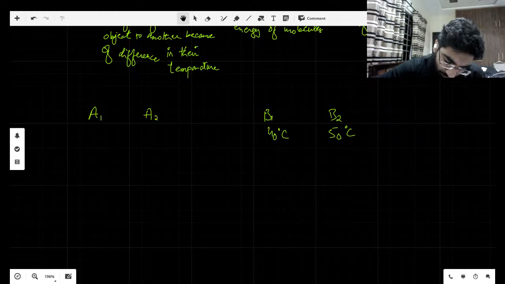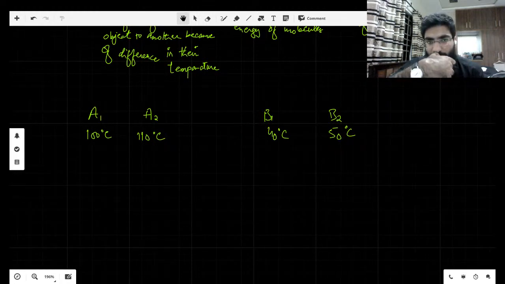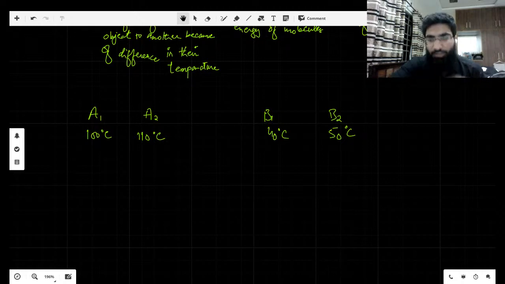A1 has got 100 degrees centigrade of temperature, and A2 has got 110 degrees centigrade. In which case would transfer of heat energy be higher? In which case would more heat energy be transferred?